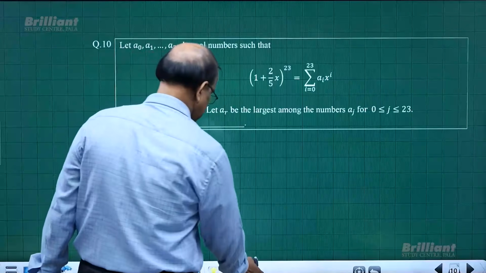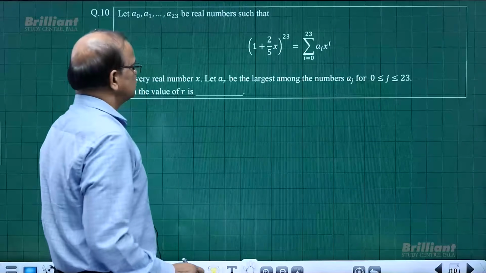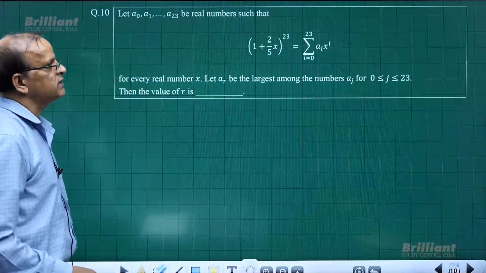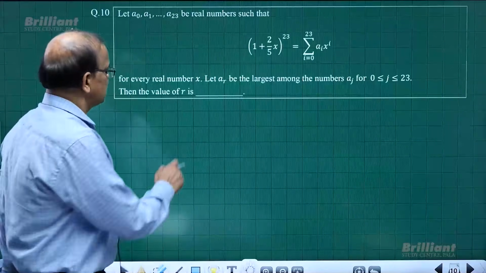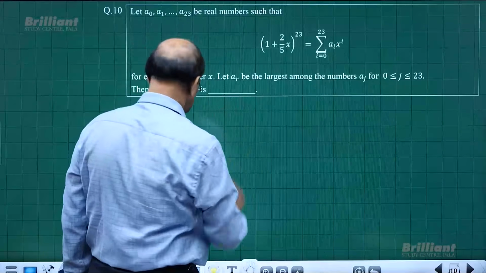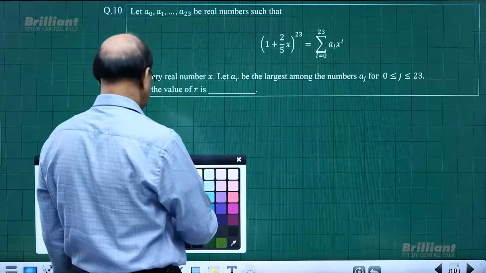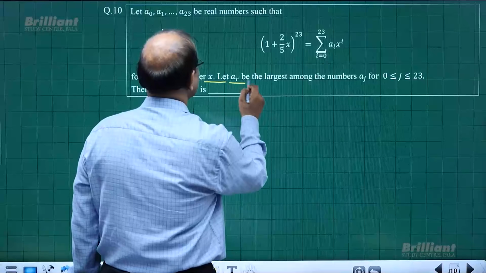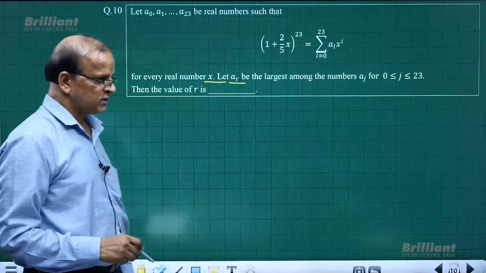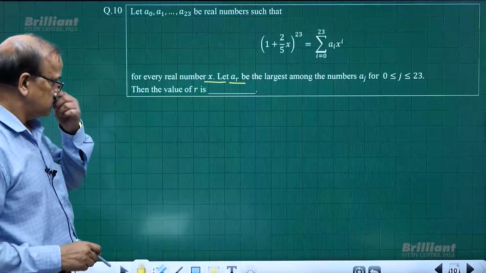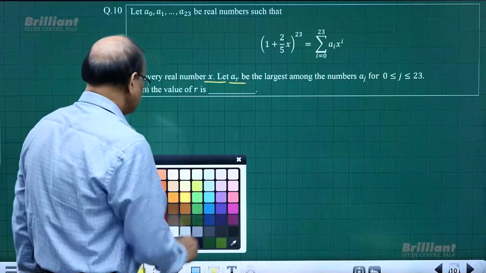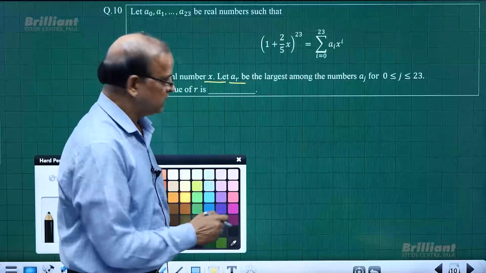Now this is a, what is that? a0, a1, a2, up to a23 are real numbers such that this holds for every real number x. Let a_r be the largest among the numbers a_i. Then the value of r is. So it is nothing but what? Numerically greatest term.